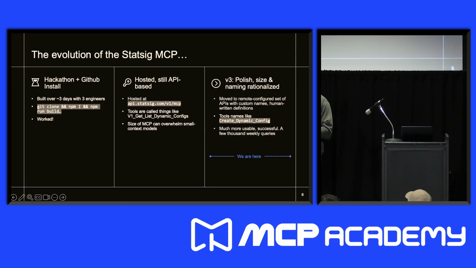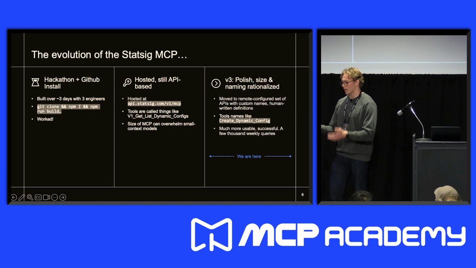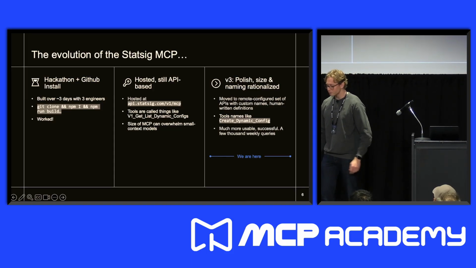So if you can write things in your MCP server that a human would understand, I think that's much closer to what an LLM will understand than what you would actually write in a curl on the command line. So we changed all the names to things like create dynamic config, completely update dynamic config, like descriptive names and really good descriptions as well, plus all the proper parameters and such.